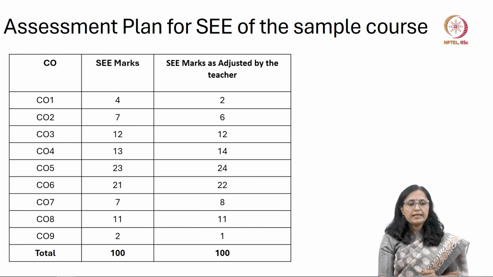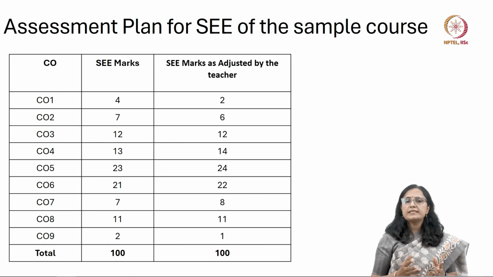You can see that all of these add up to 100, and here also the maximum weightage is given to CO4 and CO5, because the number of hours allocated to these course outcomes is higher as compared to others.